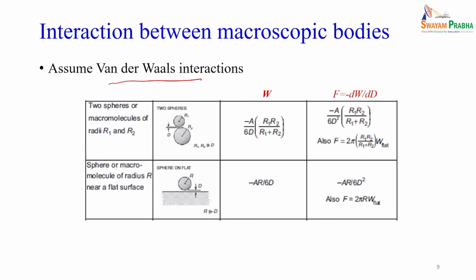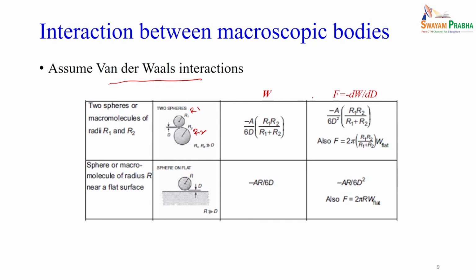In one case, we are considering two spheres of different radii r1 and r2, and the distance between them is d. In this case, the work of adhesion, or you can say the energy, is defined as minus A upon 6d into r1 r2 divided by r1 plus r2.